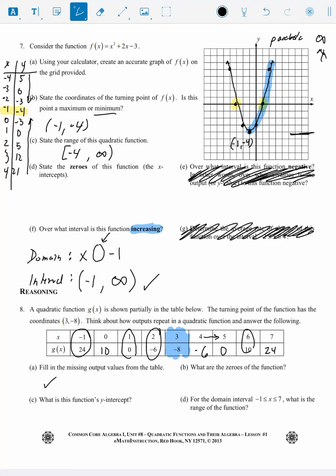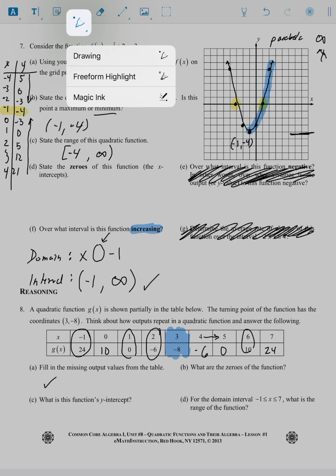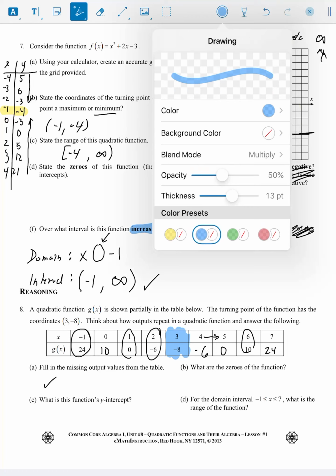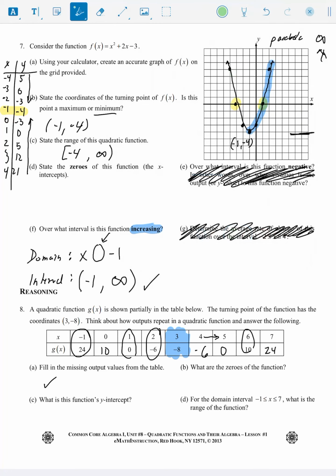Now part B asked you to find the zeros of the function. The zeros are quite easy to find. You need to just determine when the output values are equal to 0. Generally there are 2 of them for a quadratic function. They cross the x-axis at 2 points, and when they cross the x-axis, the y values are 0.